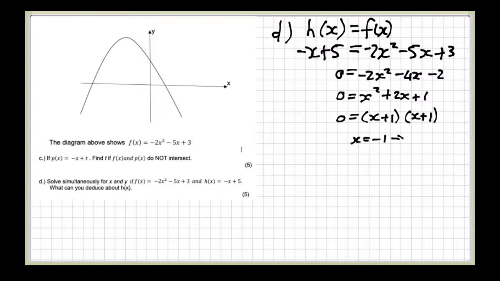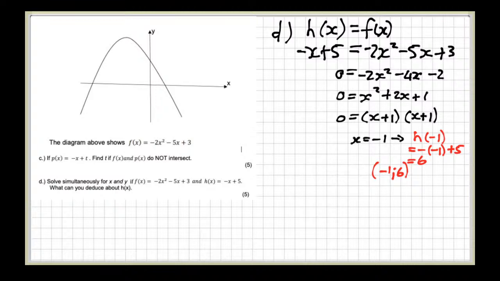Which means I will only have one y value. So let's use the easiest one, which is h of x in this case. H of negative 1 is negative 1 plus 5. So my answer is 6, which means the graphs intersect at negative 1, 6.